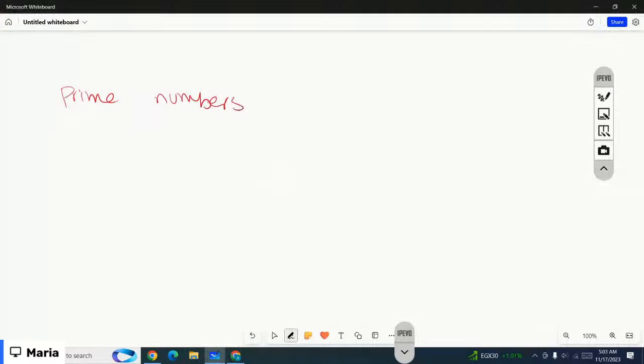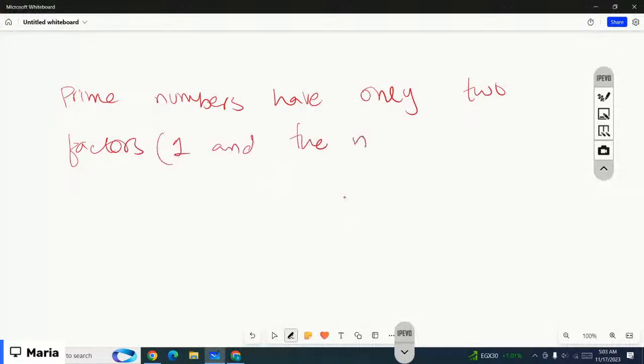Prime numbers are the numbers that have only two factors, right? Which two factors? One and the number itself.